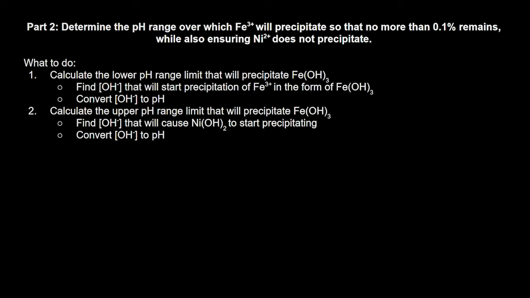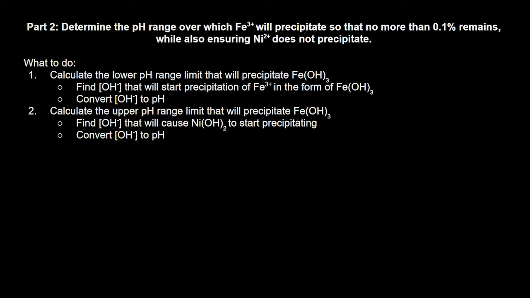We need to calculate the pH range over which iron will precipitate, but not nickel. So we don't want to add too much hydroxide. So we need to calculate the lower limit that iron will precipitate out, and we need to calculate the upper limit that will cause nickel to precipitate out, because that will be the max we want to go. So step one, we need to calculate the lower pH range limit.